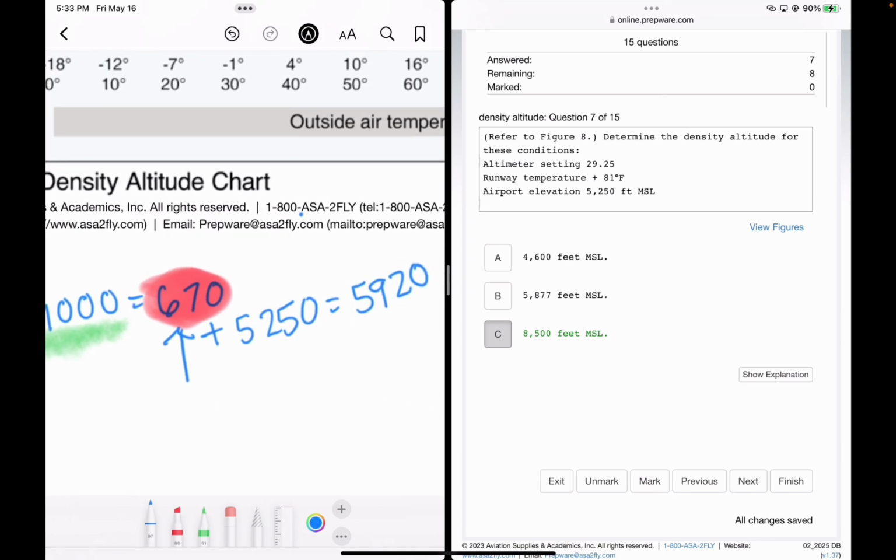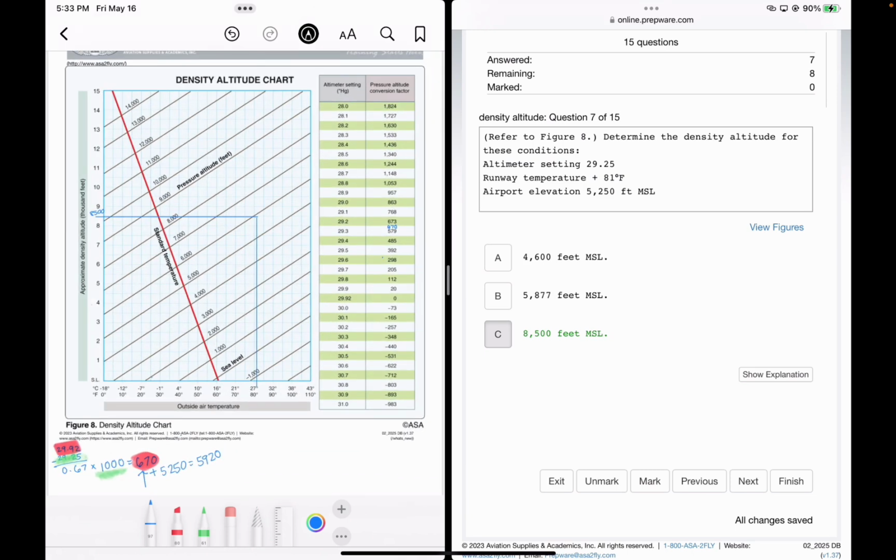Finally, you get your conversion factor. Then you add that to your airport elevation. That's my quick and dirty method, because I do not like to use this chart. As you can see from last time's question, it took a while to use this chart, right? Okay, let's go next.